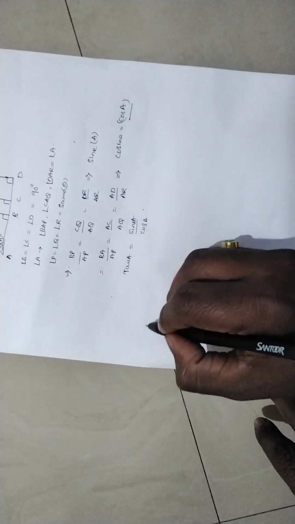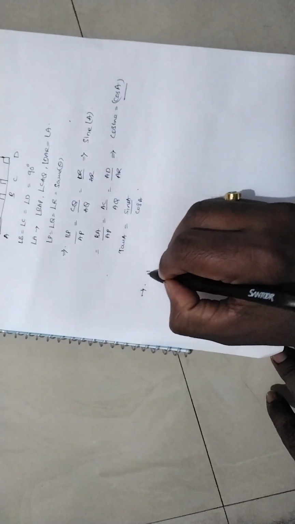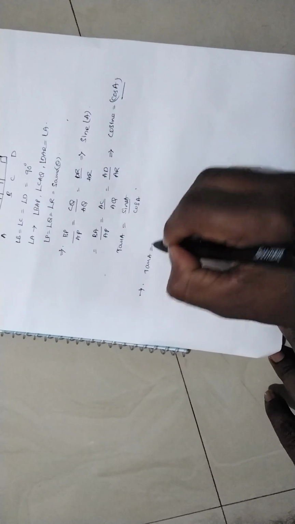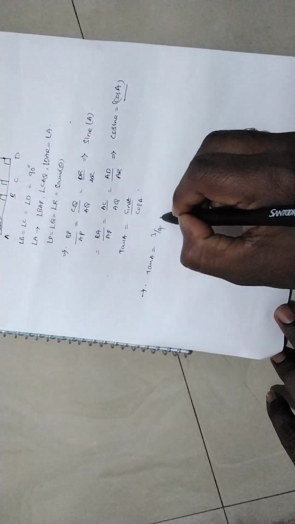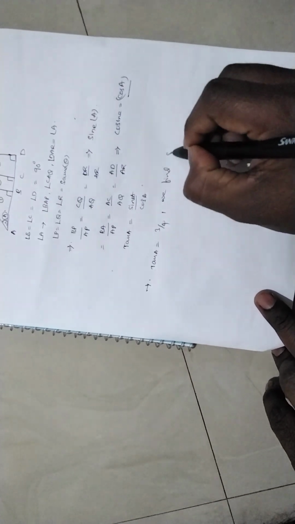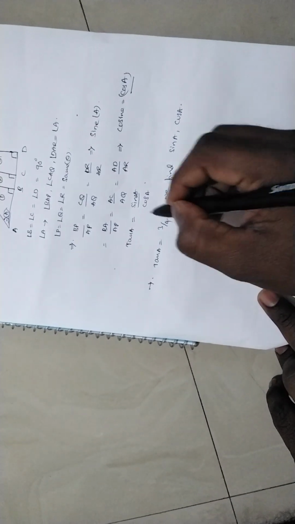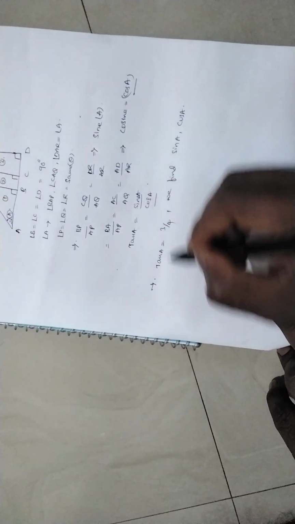Now I'll take one example. If a question says tan A is 3 by 4, then we need to find sin A and cos A. As I mentioned earlier, tan A is nothing but sin A by cos A. In trigonometry, we should always take a triangle, because everything deals with triangles only.